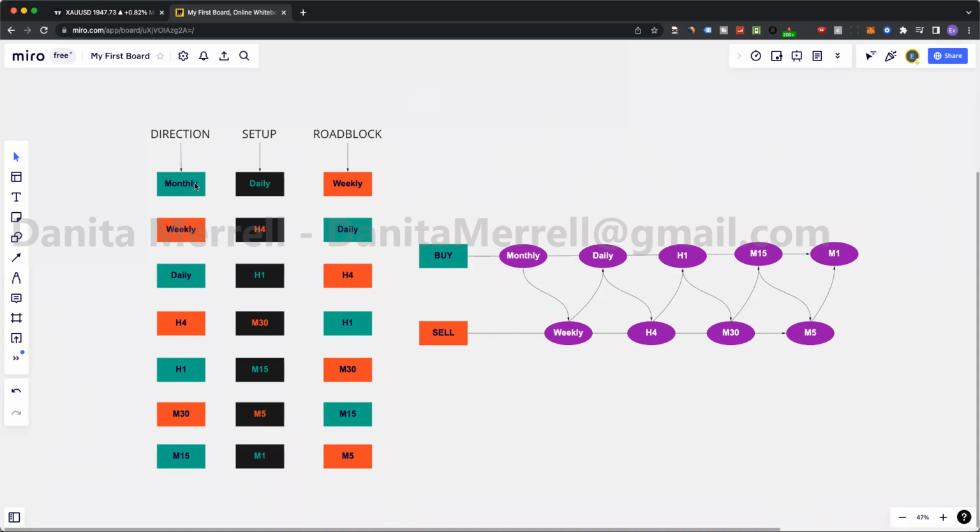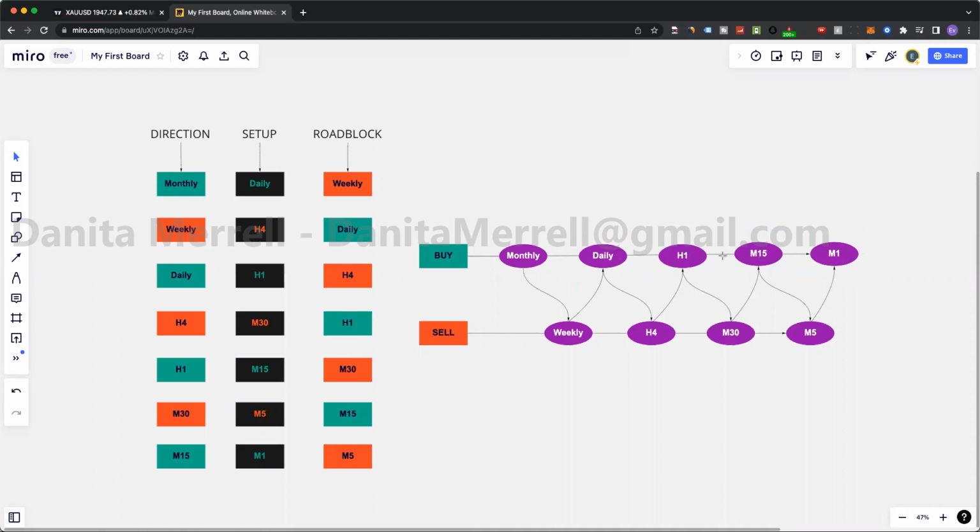Now, with the monthly and the daily setup, that's most likely a big stop loss from this daily, and we never enter off daily anyways. So what does that mean? Well, we also have H1, M15, and M1 that we can be taking buys from, because we're waiting for the direction of these now.